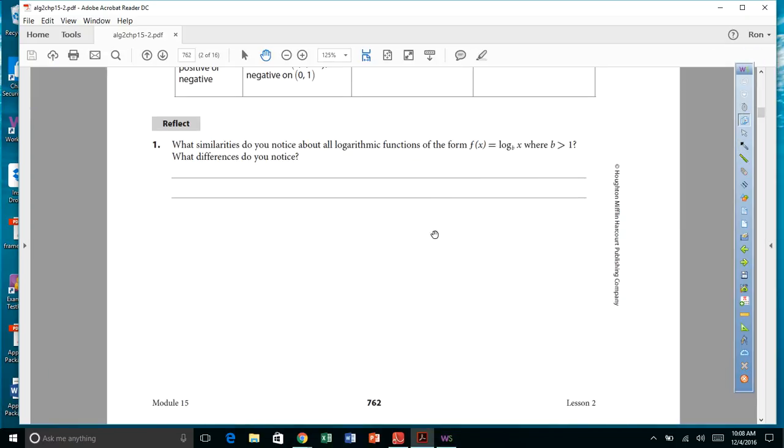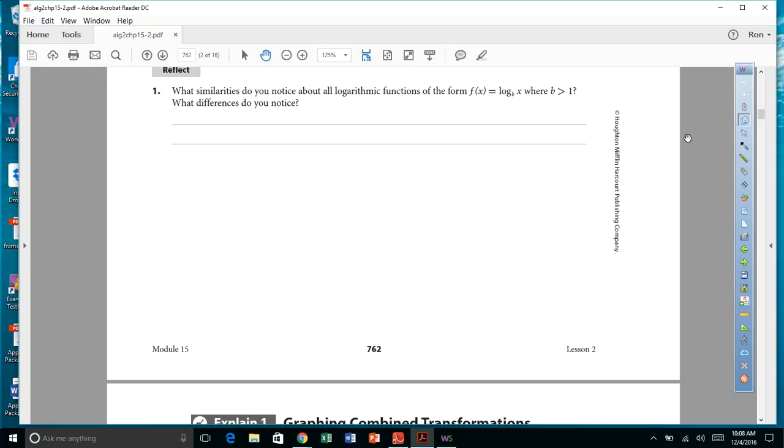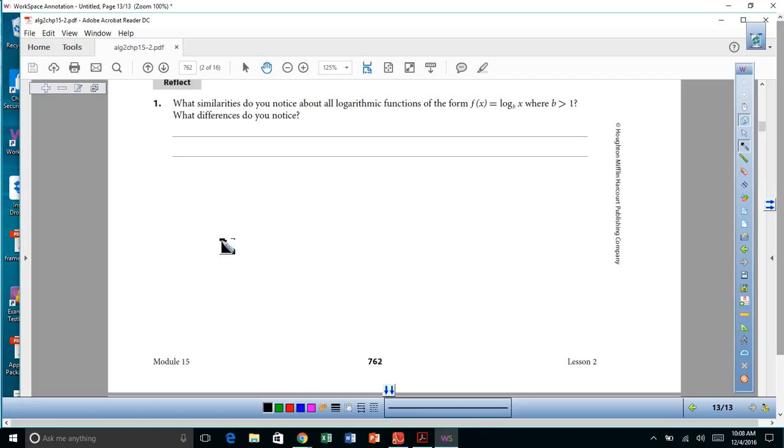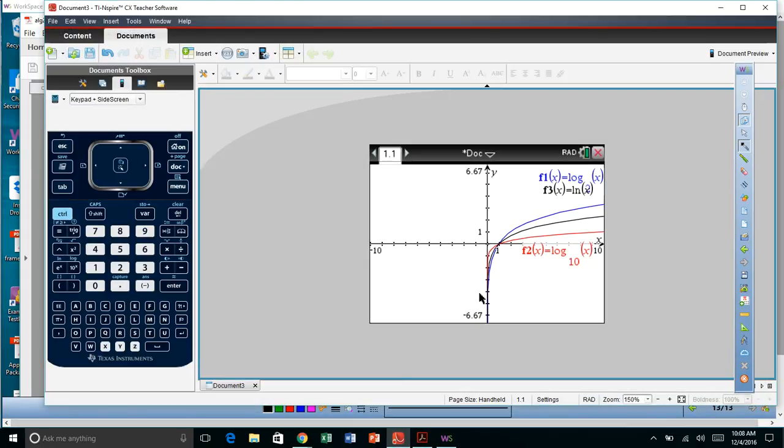What similarities do you notice about all logarithms of the form f of x equals log base b of x, where b is greater than 1? What differences do you notice? Let's look at the calculator we just drew. What's the only thing that's different? They all cross through 1, 0.